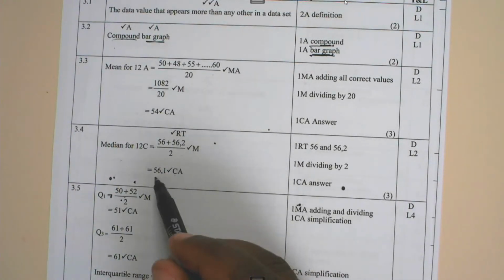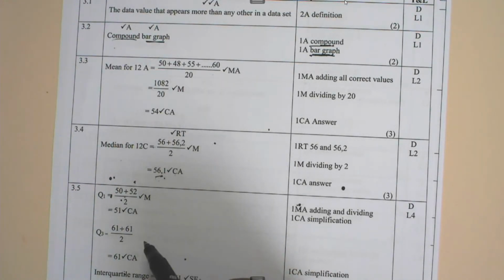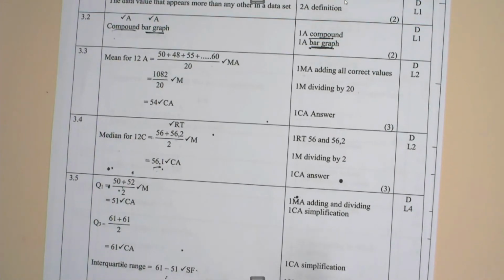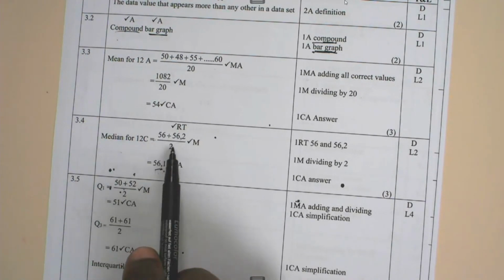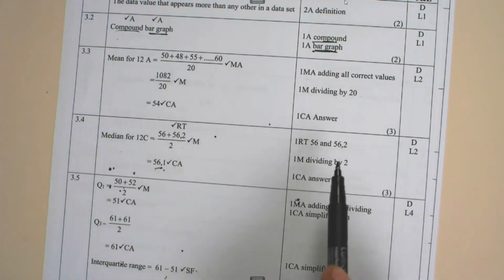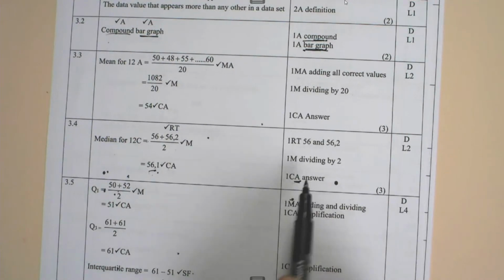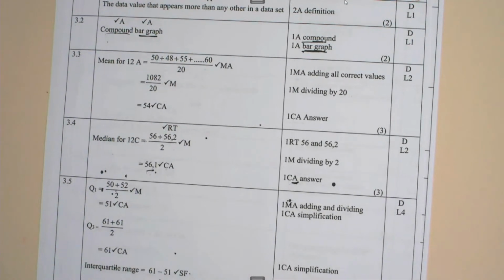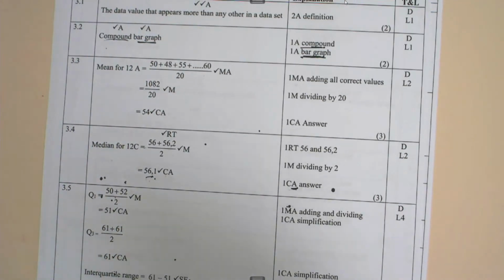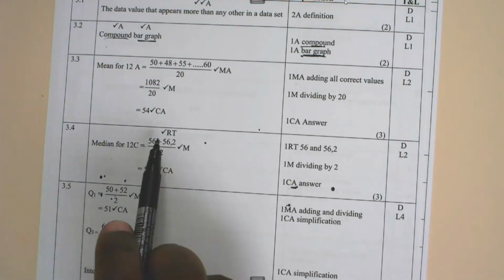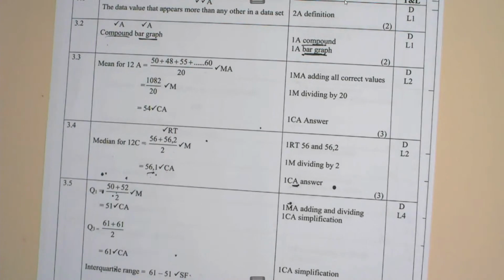If the learner gets 56,1 as an answer, the learner will get all 3 marks. Remember, colleagues, you should only see A if one of the values there is correct.